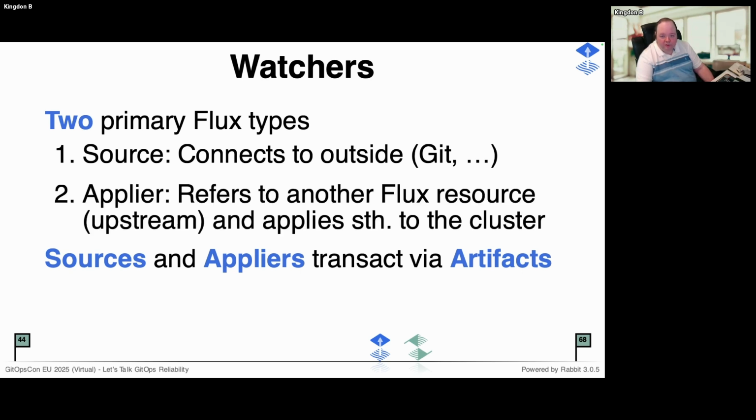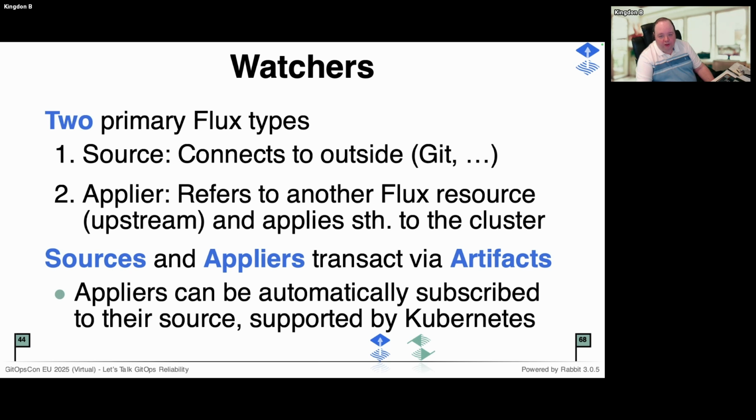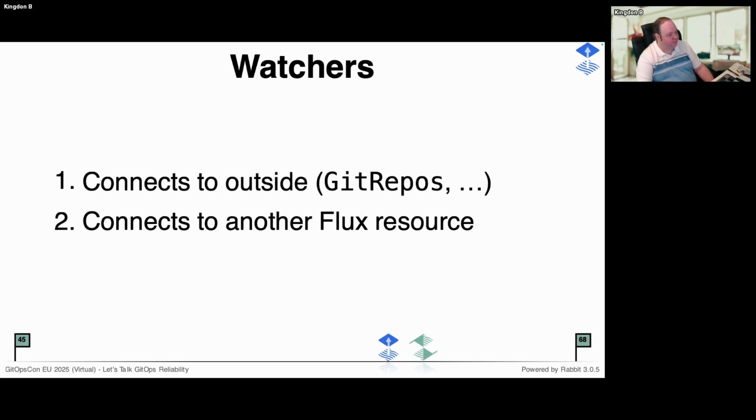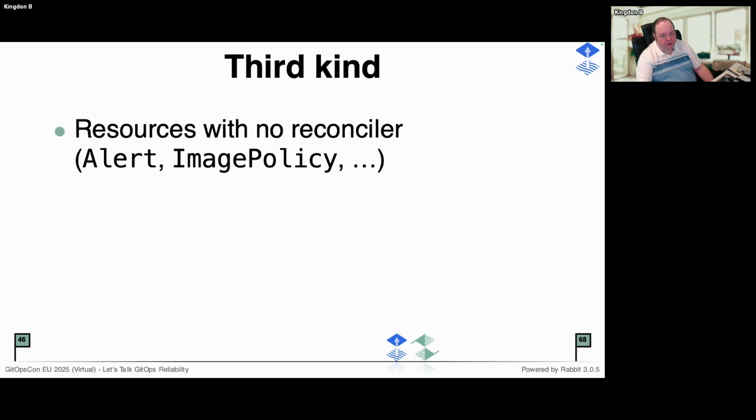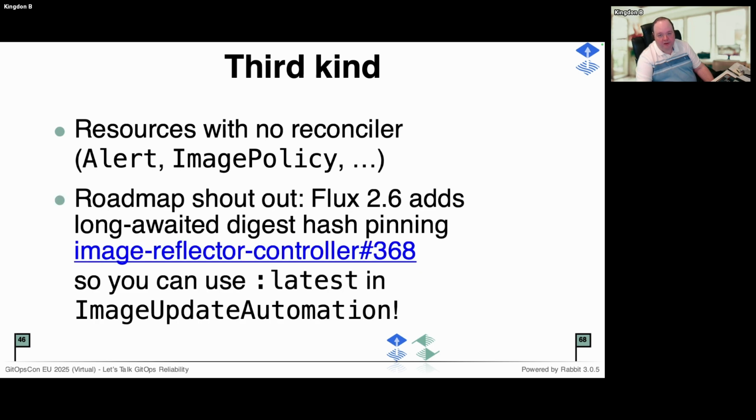All right, so there's two types of resources, like I said, sources broadly and appliers that transact artifacts between them, okay? Appliers can automatically subscribe to their source, and this is supported by Kubernetes. All right. And then there are resources with no reconciler, okay? Alert, image policy.